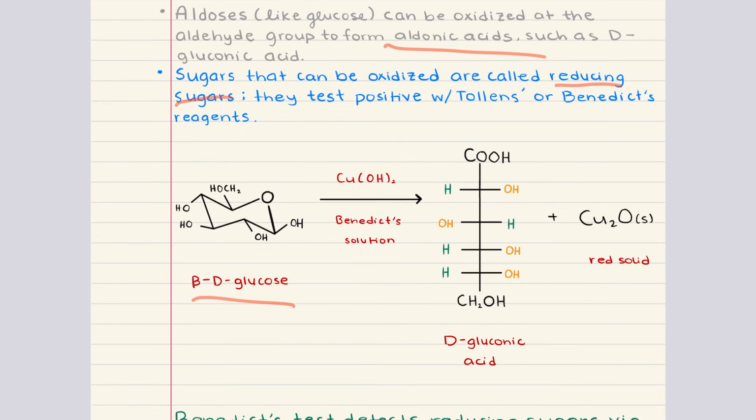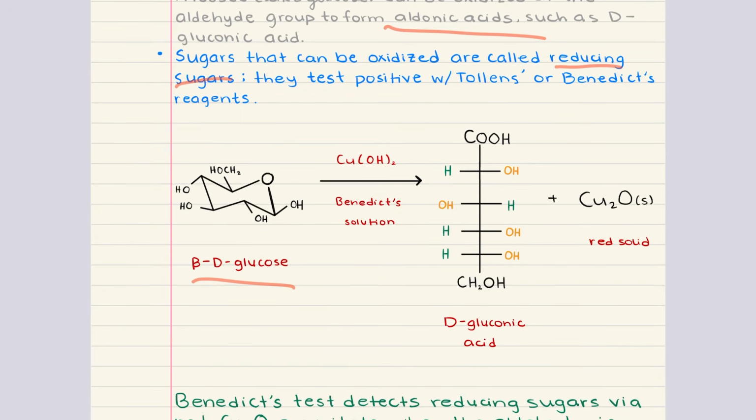When beta-D-glucose is mixed with Benedict's solution, which contains copper 2 ions in basic solution, the aldehyde group at carbon 1 is going to be oxidized to a carboxylic acid and it'll form D-gluconic acid. During this reaction, the copper 2 plus ions are going to be reduced to form copper 1 oxide.